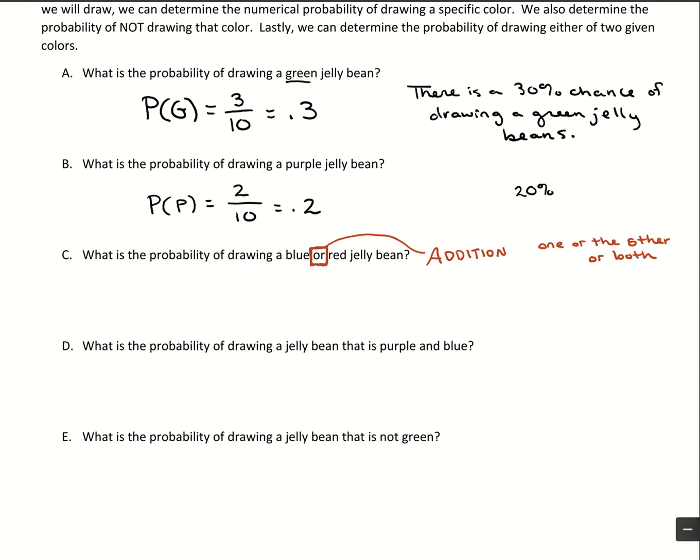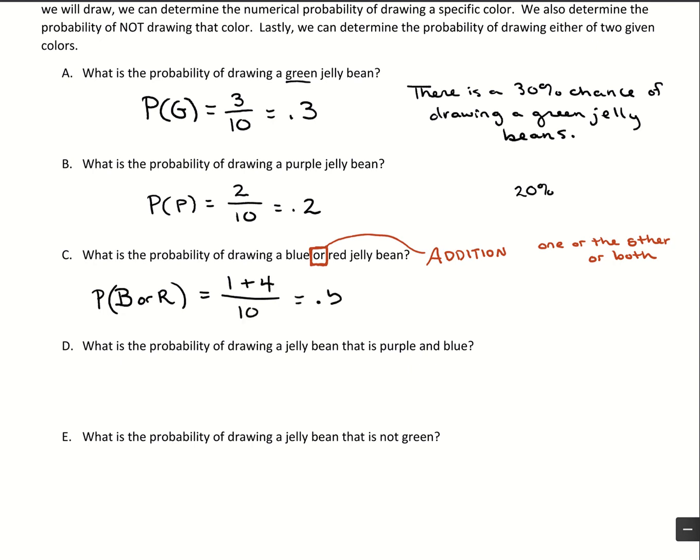So what we do here is we want to add the probabilities. So probability of blue or red. In terms of our calculation, you could think in the numerator, well, we want to bring through what does it mean to be blue or red? Well, there's 1 case of blue jelly beans, and then we want to also combine with the 4 red jelly beans out of the 10 cases.